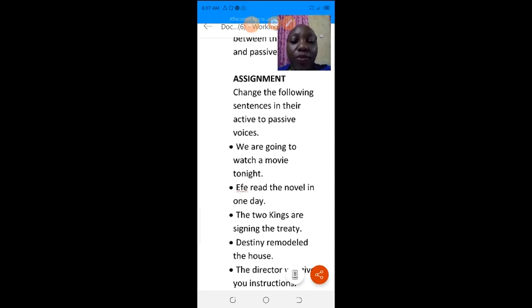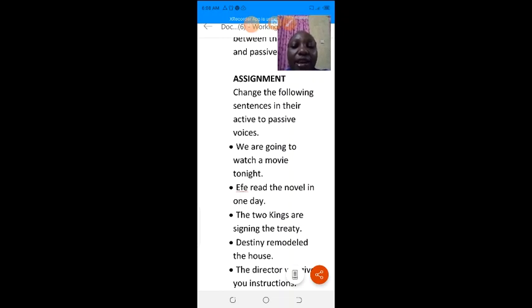"Are" is the verb to be. "Going to watch" is an action verb, and "a movie" is the object. So you change it to the passive voice. Remember, "tonight" is an adverb. The adverb comes after the subject when you're changing to passive voice.